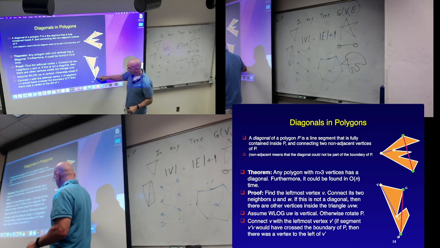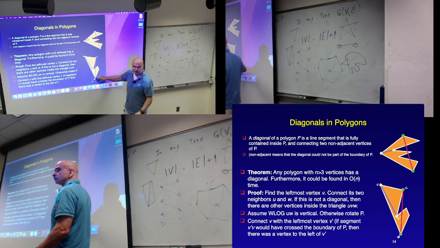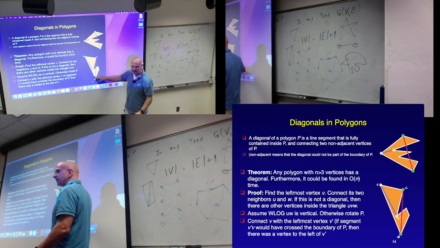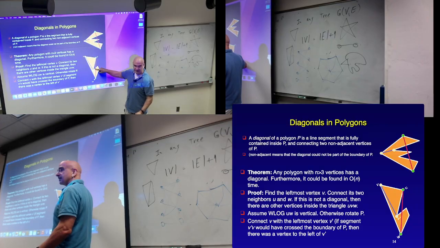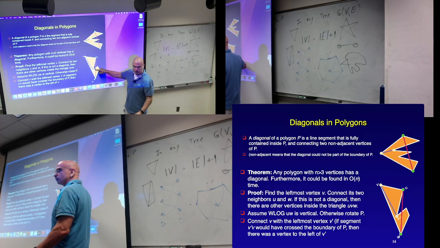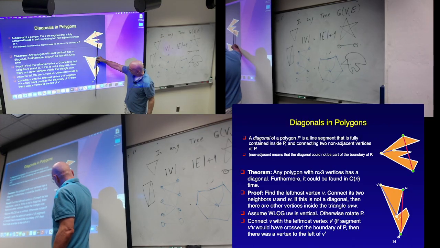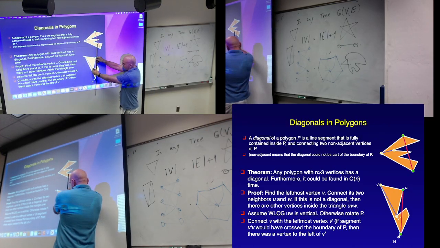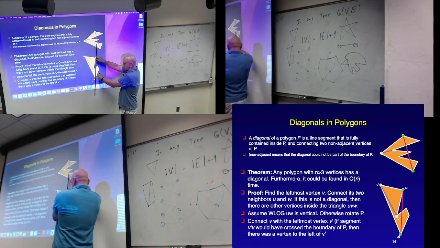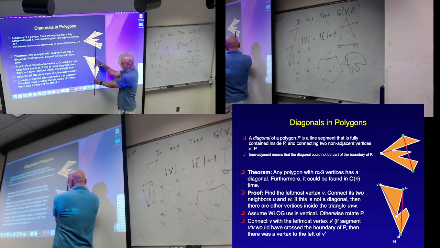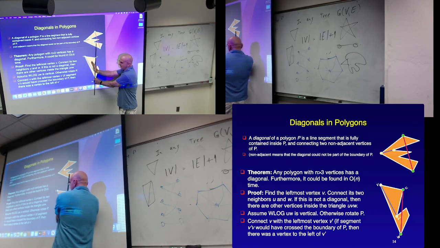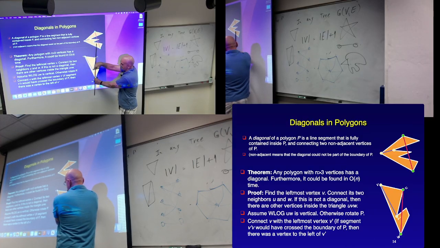Assuming that U and W don't see each other, if I attempt to connect them via a diagonal, this diagonal exits my polygon. It means that the boundary of the polygon has some pieces that cross this line from U to W, right? It means that there should be some piece of the polygon besides V and its two edges.